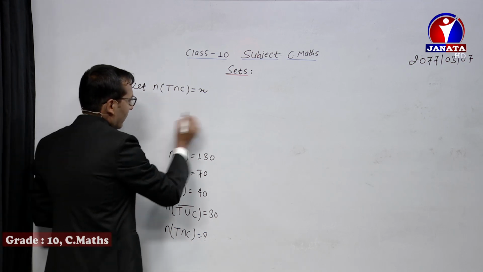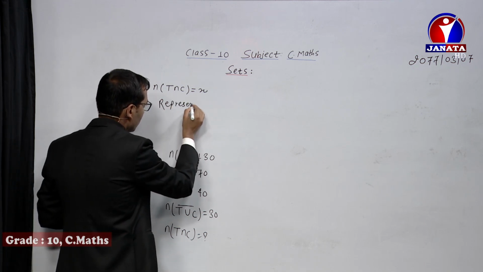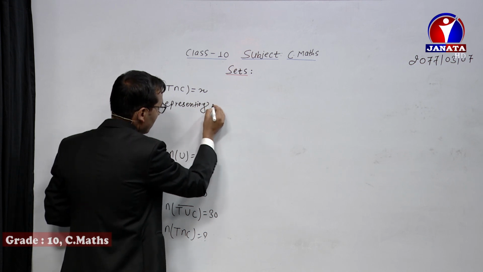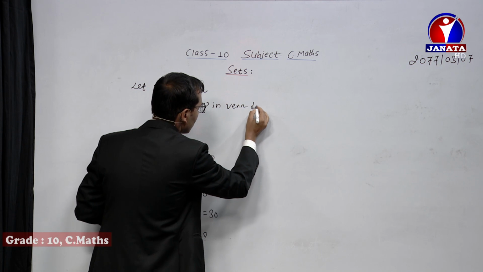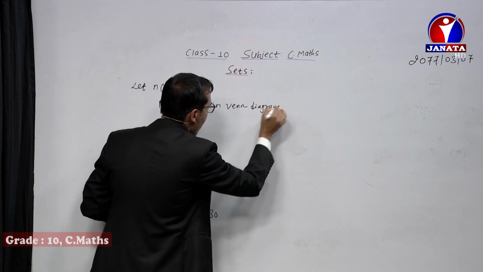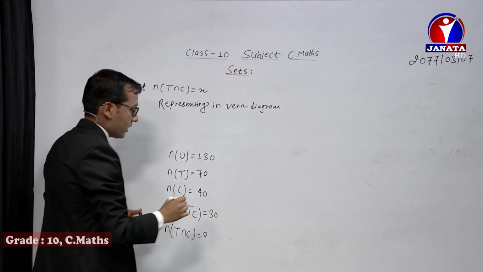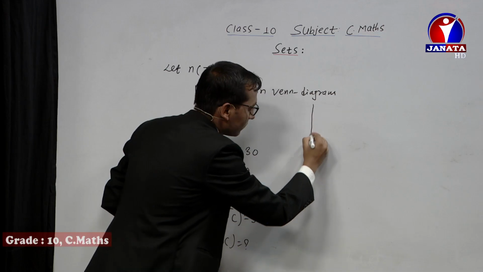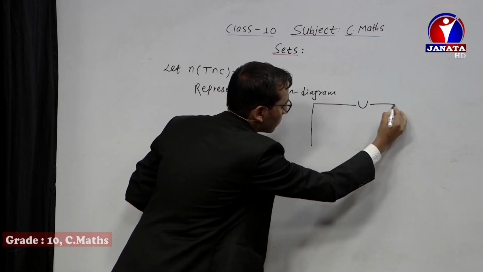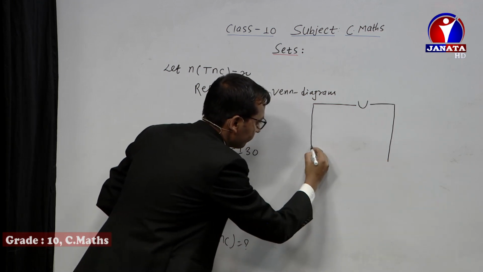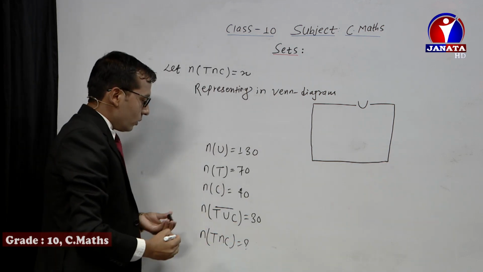Okay, so let's write: representing in Venn diagram. Let's draw a Venn diagram. There are two sets.